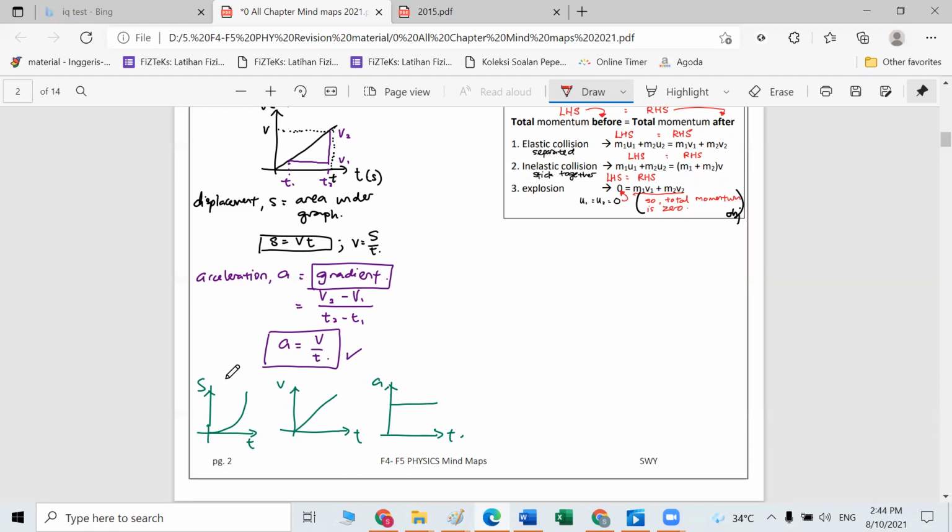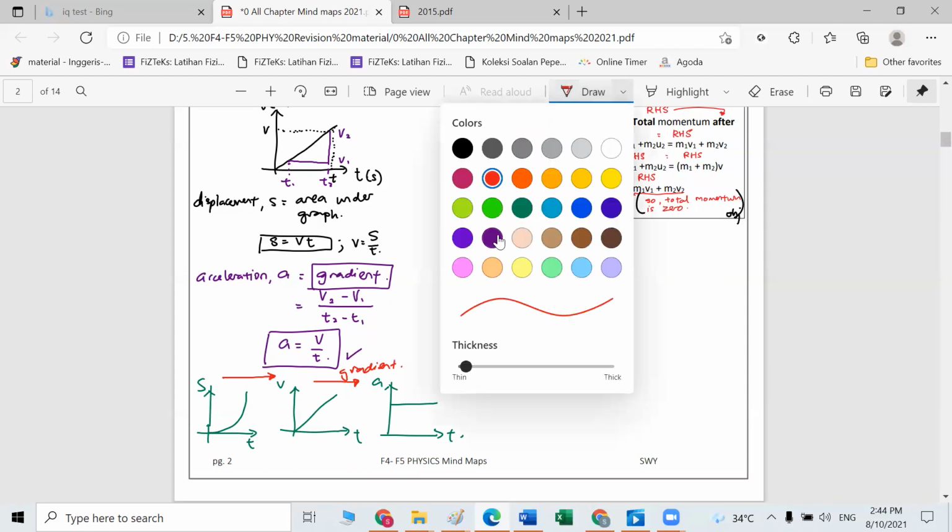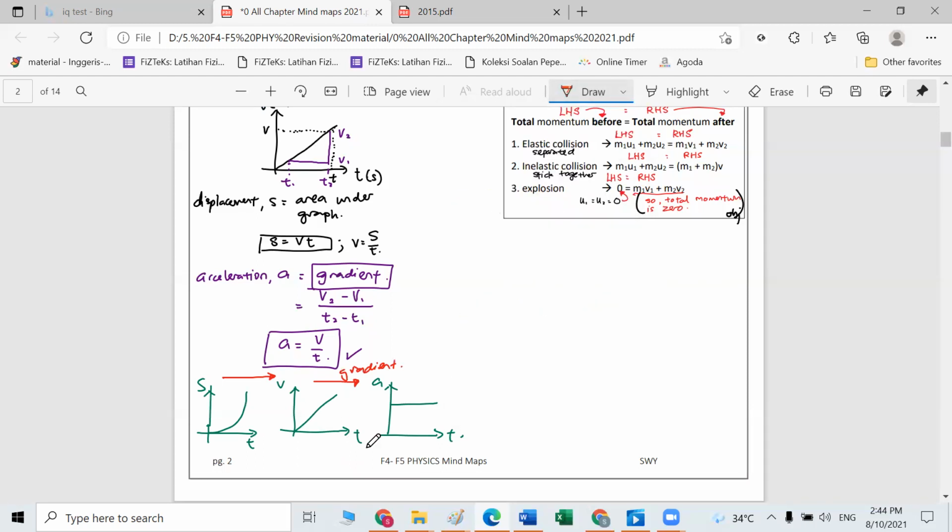So if we want to find the next, like S to find V, V to find A, we use gradient. Okay, then we want to find back A, get back V, V get back S, we get area under graph.